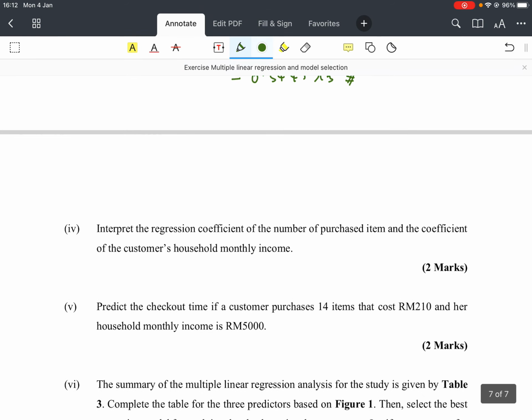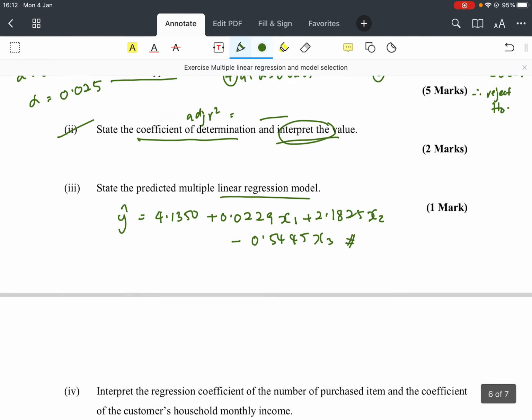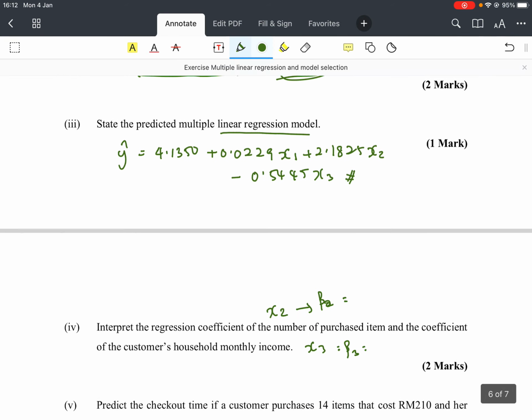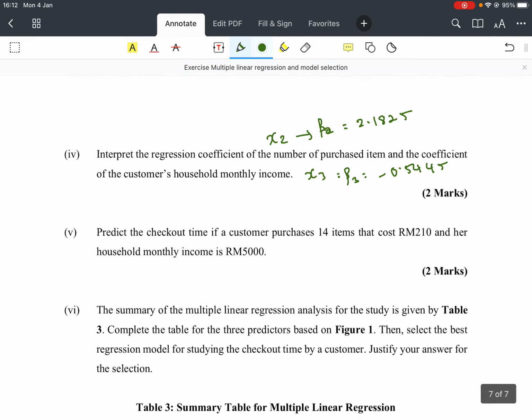Number 4, interpret the regression coefficient of number of purchase items and the coefficient of customers' household monthly income. Number of purchase items is x2, income is x3. So you have to determine your beta 2 and beta 3, and then interpret them. Beta 2 equals 2.1825, beta 3 equals negative 0.5445, and then you interpret.